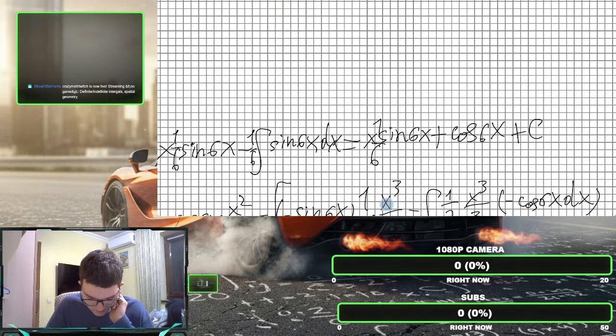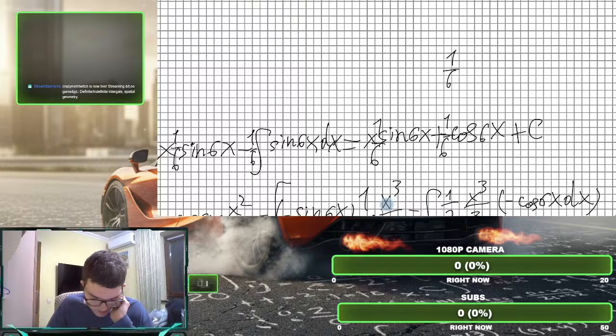And there it's plus 1 divided by 6, multiply that, when I integrate sine 6x, I should be getting once again 1 divided by 6 cos 6x, because it was minus of minus, so plus.